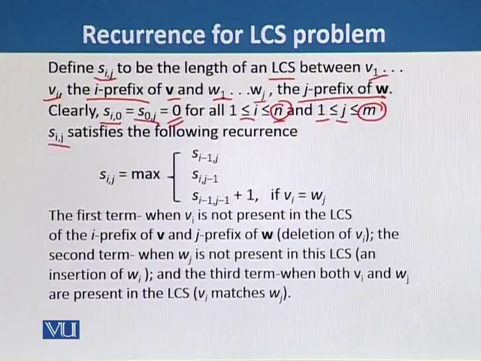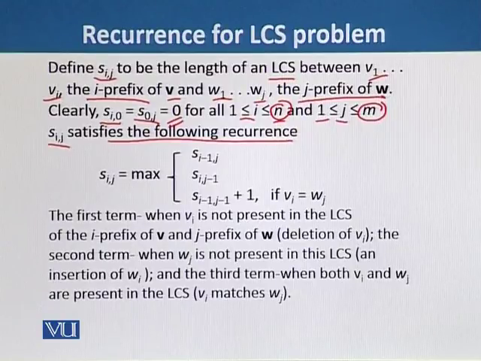Similarly, Sij satisfies the following recurrence. We have seen that both the Manhattan Tourist problem and the longest common subsequence have the same recurrence and the same recurrence solution.